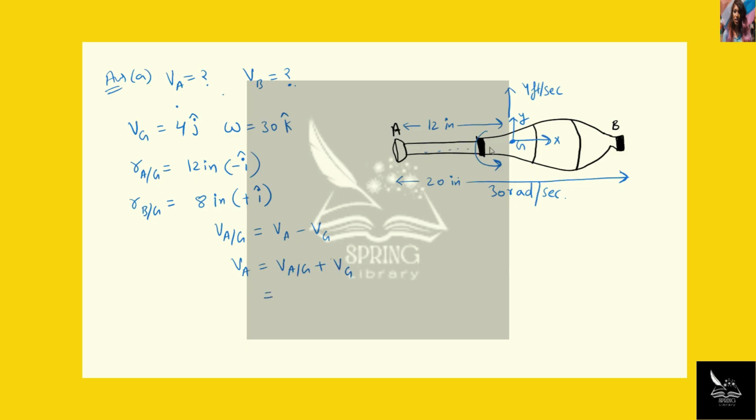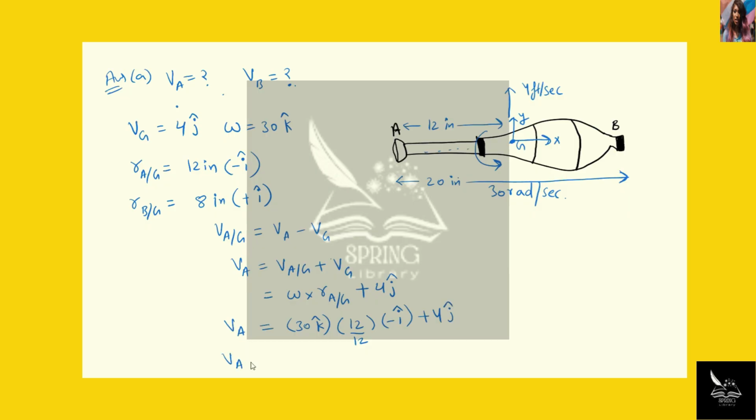Because the distance A to G is 12 inch, this is omega into R A/G, plus Vg, which is 4 j cap. The angular velocity is 30 k cap, and R A/G is in inch while velocity is in feet per second, so change into feet by dividing by 12, and the direction is minus i cap, plus 4 j cap. So this is the velocity of point A.